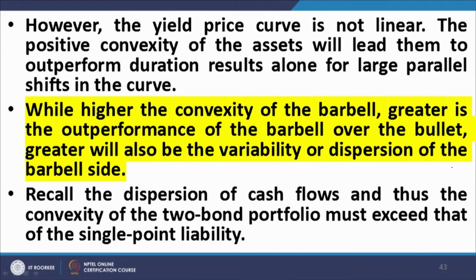So, if the curve has large parallel shifts, duration alone will not be adequate and convexity correction will be necessary, and because this convexity correction is positive, the performance by incorporating the convexity correction would be superior, and the price change would be more compared to the price change as ascertained on the basis of the pure duration model.